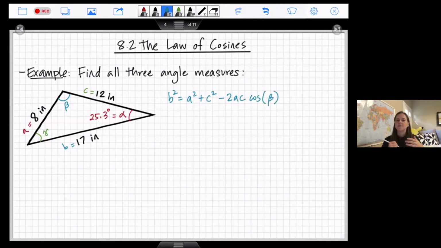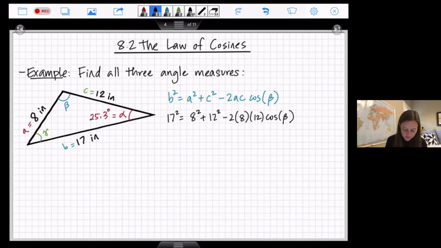All right, this is going to be the same drill as last time. We're just going to plug everything in. b squared is going to be 17 squared. a squared is 8 squared plus c squared minus 2 times, repeat the a and c, 8 times 12, cosine beta. All right, 17 squared over on the left gives me 289 again.